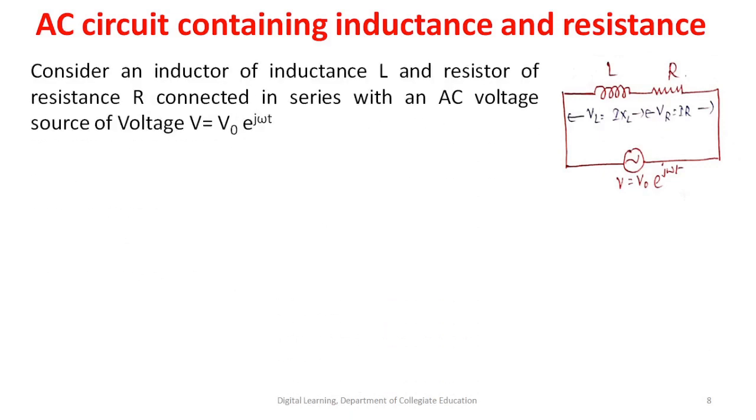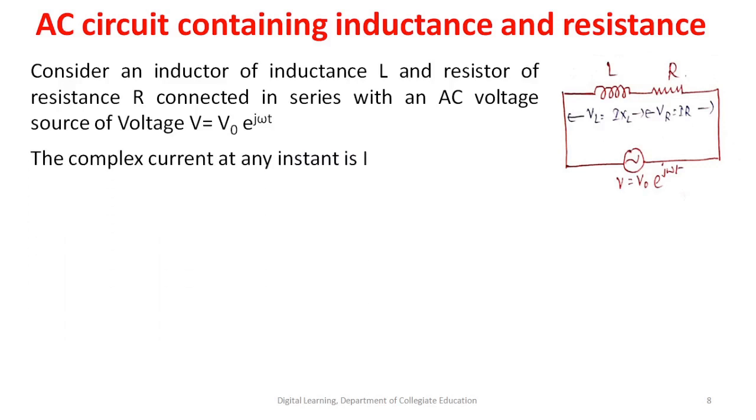Consider an inductor of inductance L and resistor of resistance R connected in series with an AC source of voltage V is equal to V naught e power j omega t.